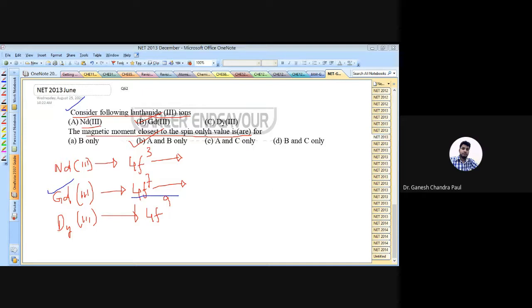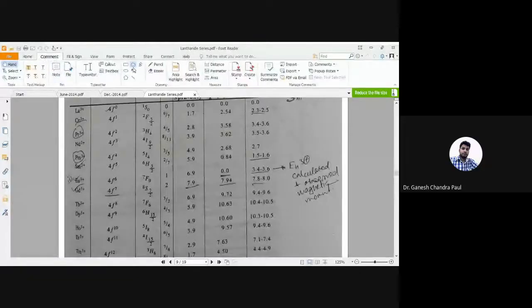Okay, let me check. Okay, just let me share the screen. So is it visible? So you can see here that for gadolinium, the spin-only value as well as observed value is perfectly matching, right?